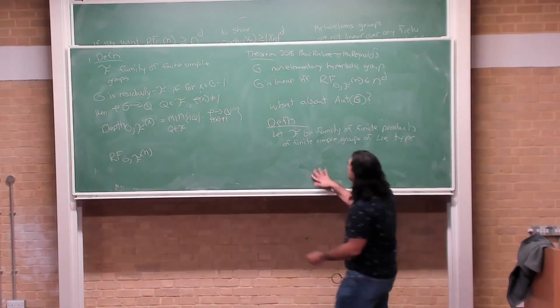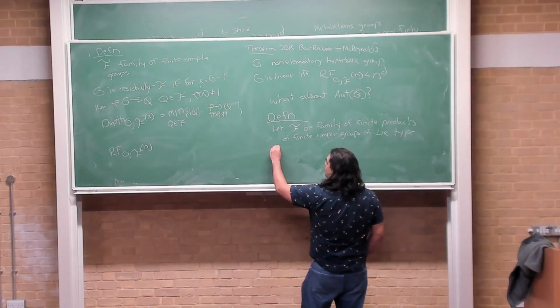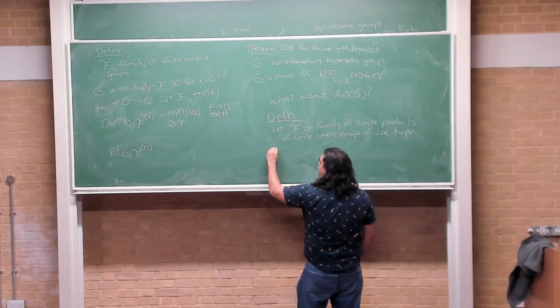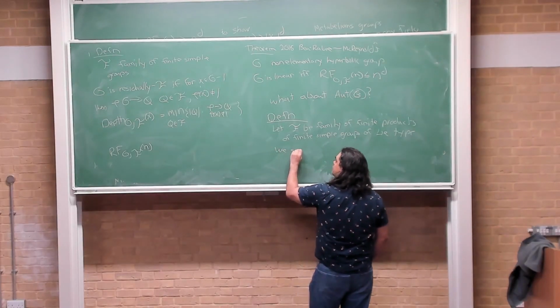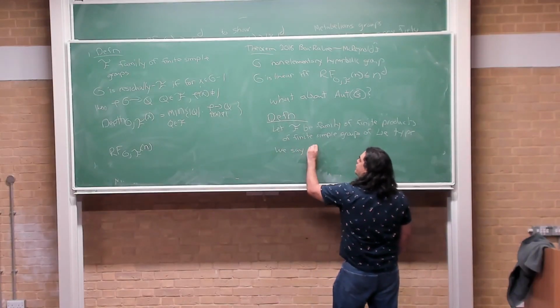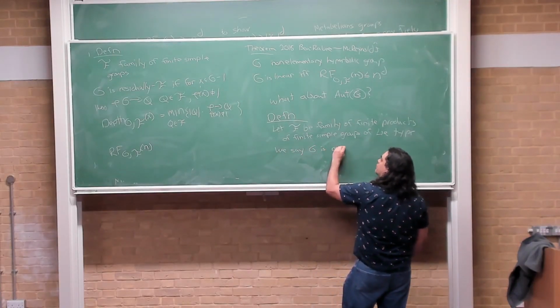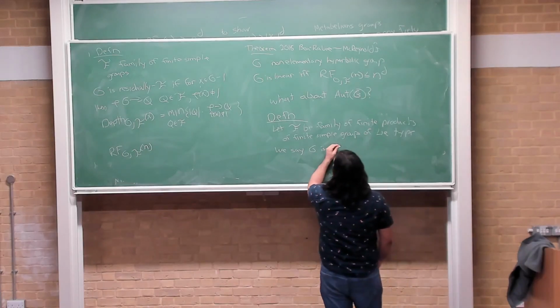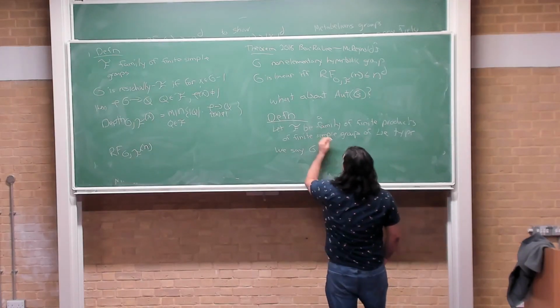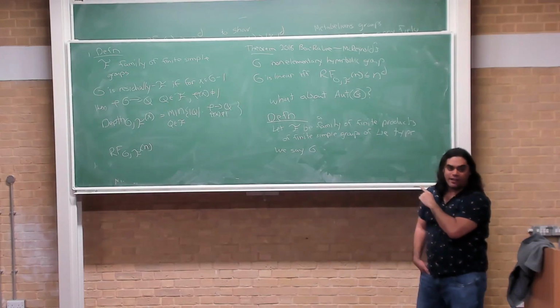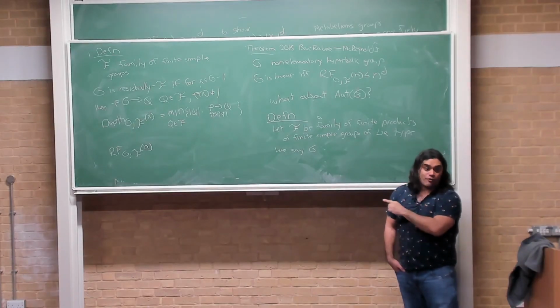Okay, and we're also going to say G is residually F, so it'll be a family, not necessarily all of them.